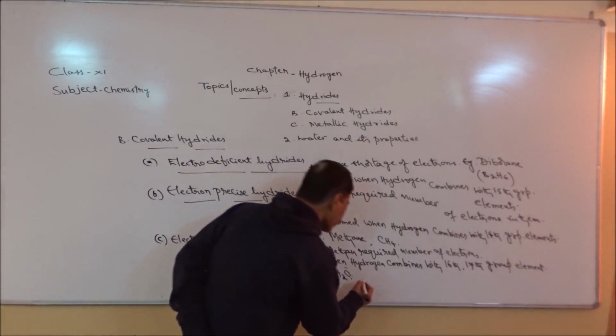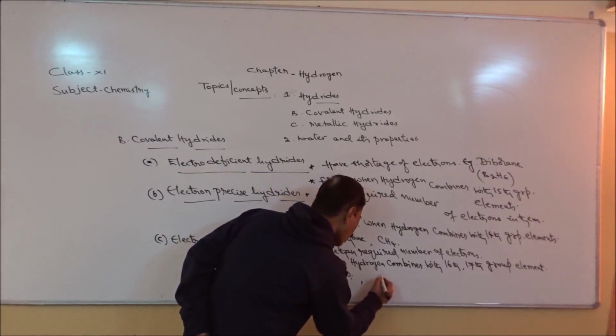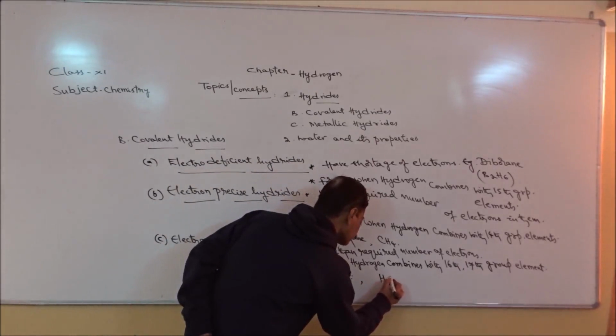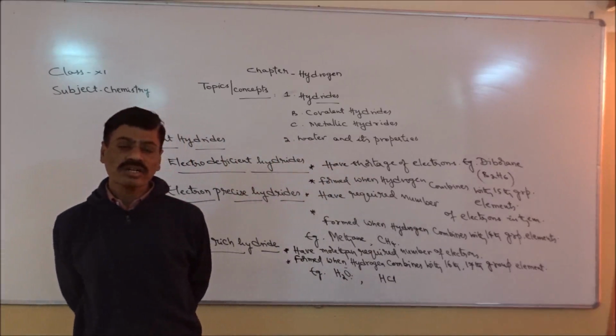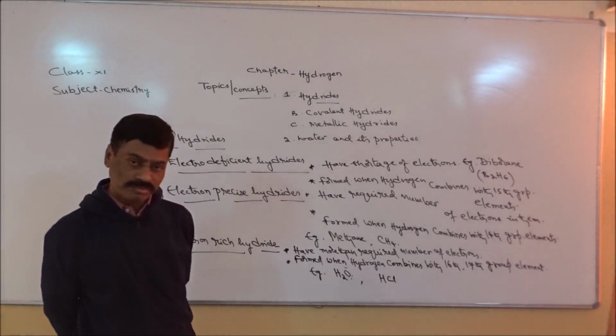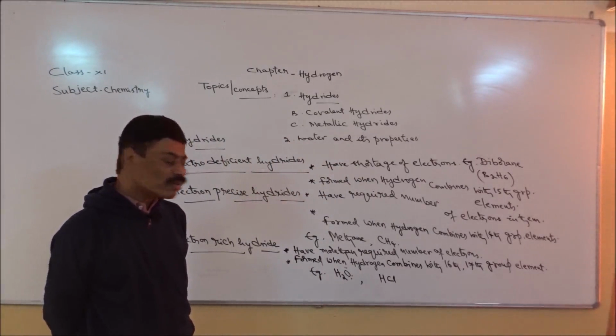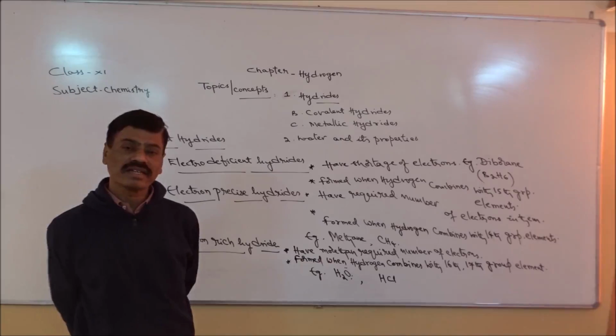And another example is hydrogen chloride. Here chlorine belongs to 17th group. Right? The atomic number of chlorine is 17.